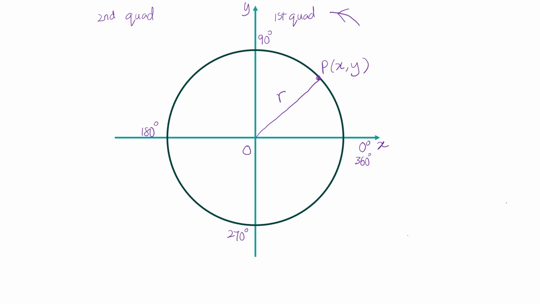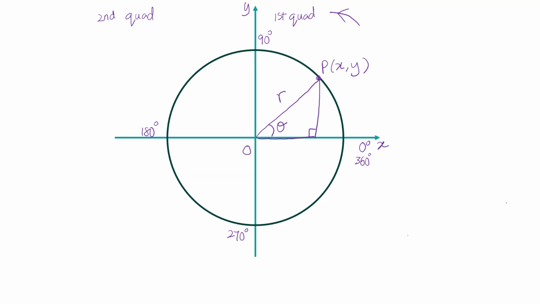All right. Now, when this point P travels on the circumference of the circle, it will make an angle theta with the x-axis. And we can actually form a right angle triangle.